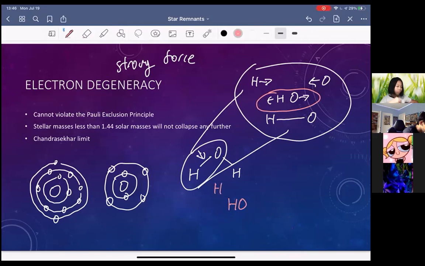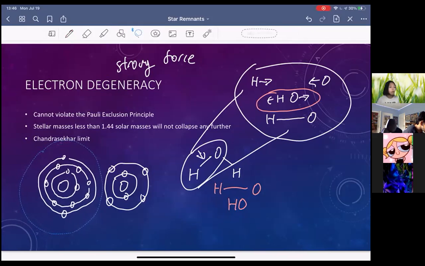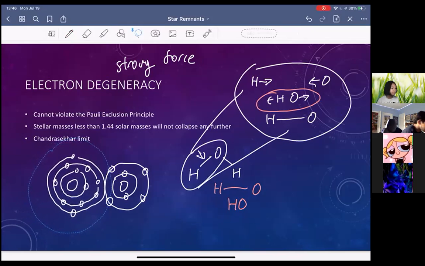Instead of being a perfect distance away from each other, they're now pushed together as close as they can possibly be. Imagine there used to be space between these two atoms; now they're just touching each other like that.